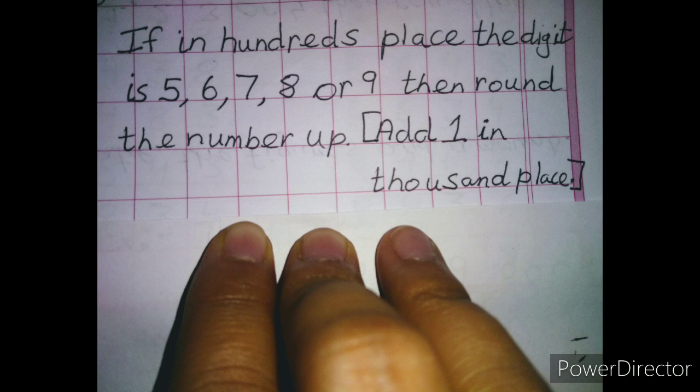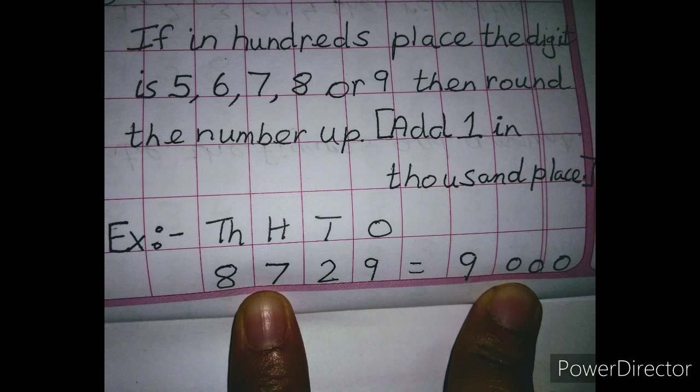Now if in 100 place the digit is 5, 6, 7, 8 or 9, then we will round it up. So the number is 8729. In 100 place what digit is it? 7. So we have to round it up and it will be written as 9000.